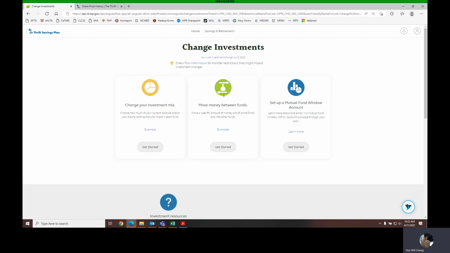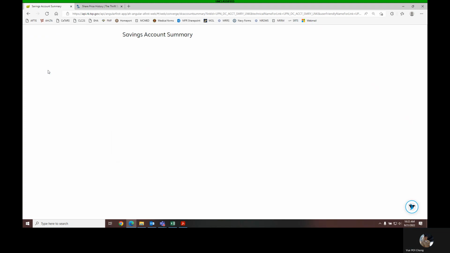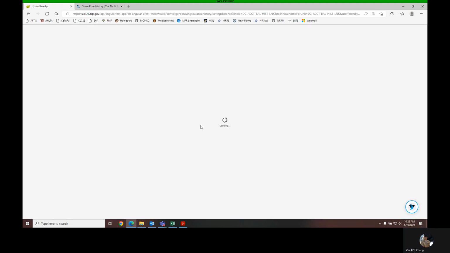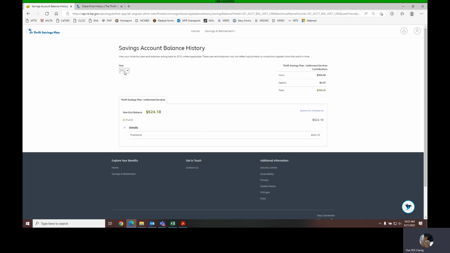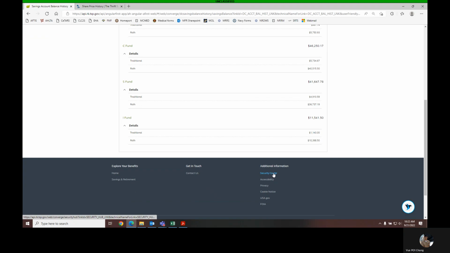Last thing I want to show you is the documents. Take a look at summary and your account balance history. So this is where you'll see all the years you've contributed and what each year has given you back.